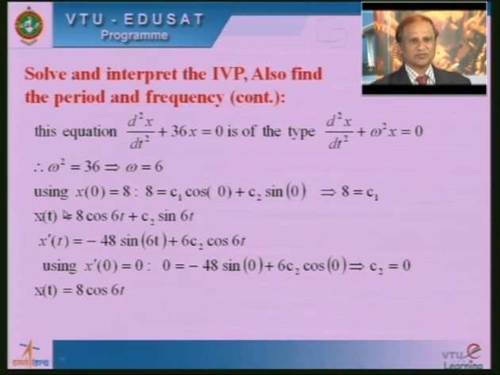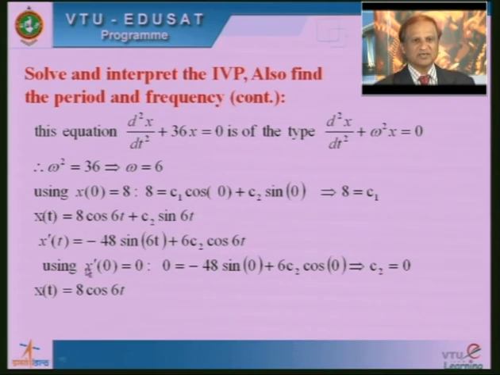And if I want to use another condition, then I have to differentiate the solution. x of t is equal to 8 cos 6t plus C2 into sin 6t. If you differentiate, 8 is constant, so you can keep it as it is. The derivative of cos 6t is minus 6 into sin 6t. After simplification, I hope we can obtain minus 48 sin 6t plus 6 times C2 into cos 6t.